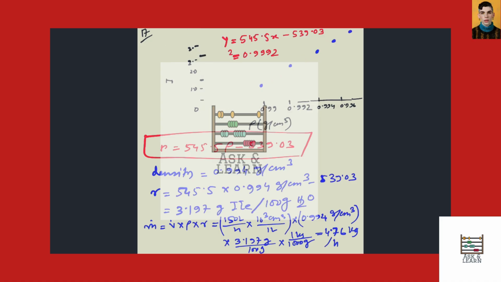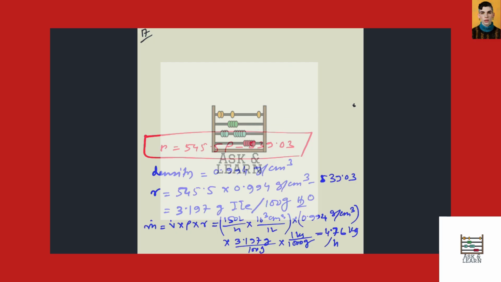Next we need to explain whether the mass flow rate that we calculated is too high or too low. Now in this problem we assume that the solution density increases with decrease in temperature.